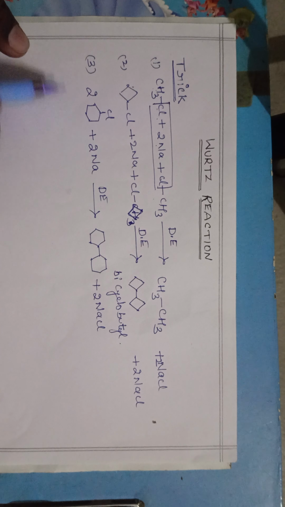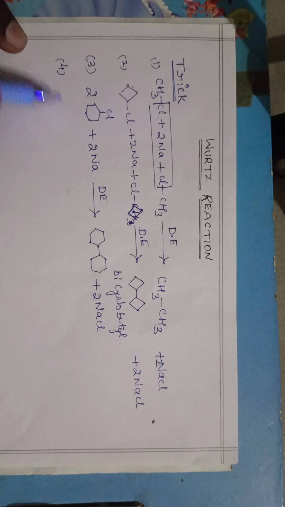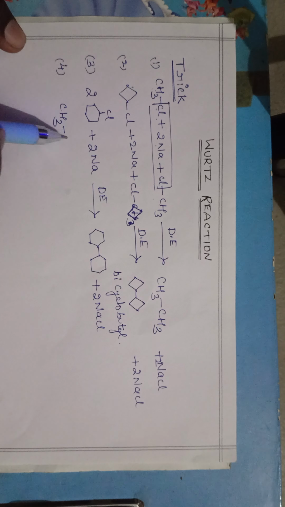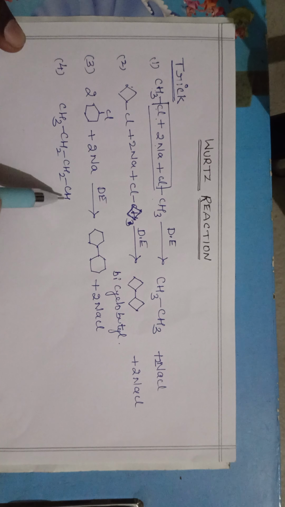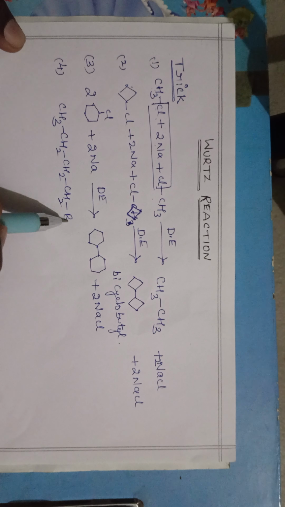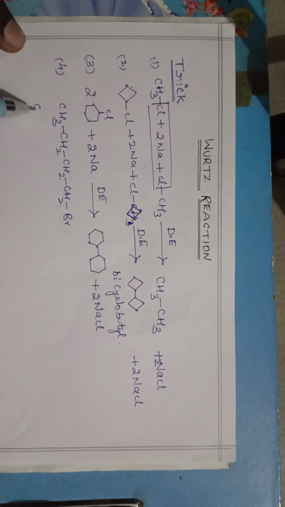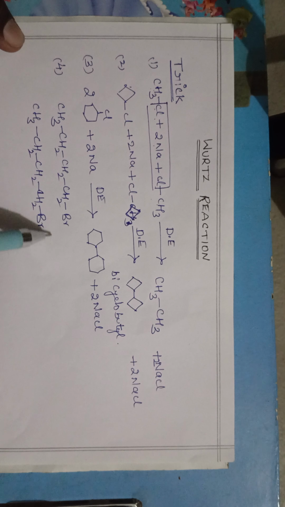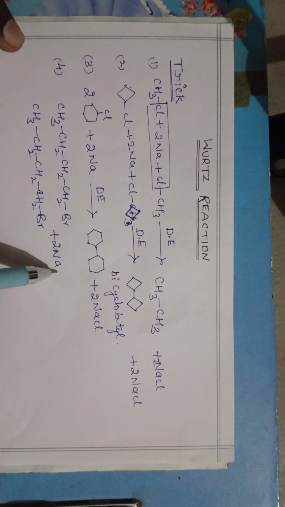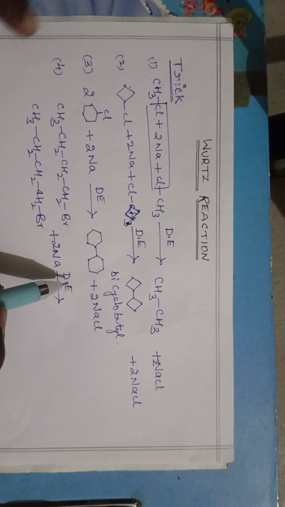In the same way, let's see another example. CH3CH2CH2CH2Br plus CH3CH2CH2CH2Br react with 2 moles of sodium in the presence of dry ether.